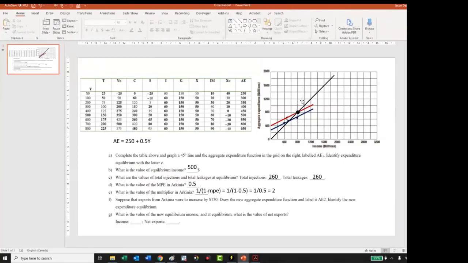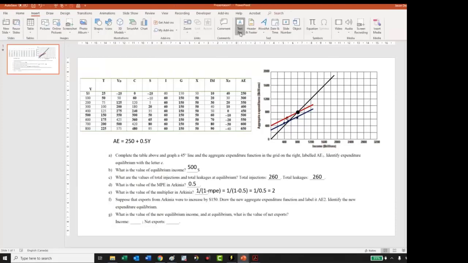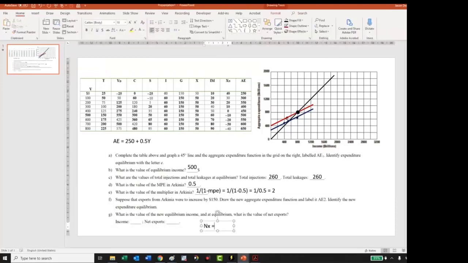Okay, now at this point, what is the value of the new expenditure income? Well, we know it's 800. And at equilibrium, what is the value of net exports? So what's the value of net exports here? It would be 110. Net exports at 800 is equal to our exports, which is 50, minus our imports are 90.